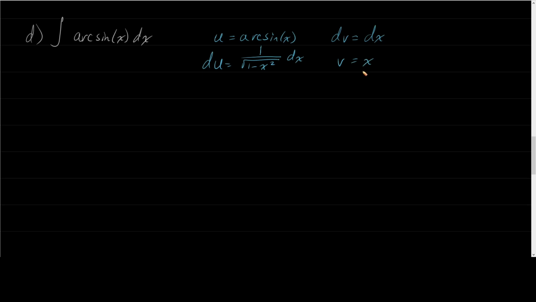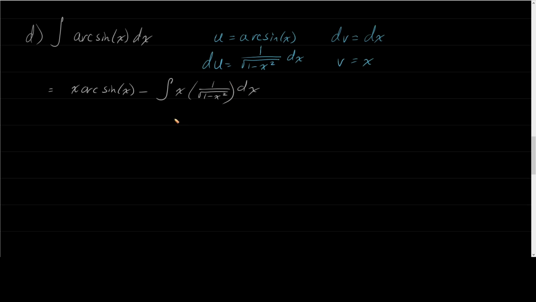And now I can go ahead and use the integration by parts formula. So we're going to say now that we have uv, so x arcsine of x minus integral of v times du, so 1 over the square root of 1 minus x squared dx, right?